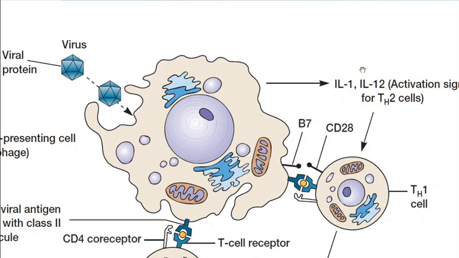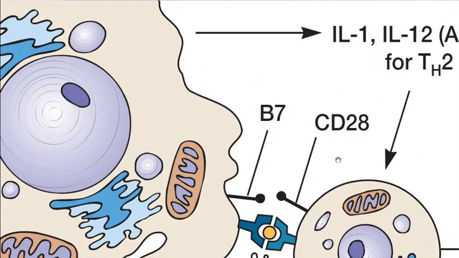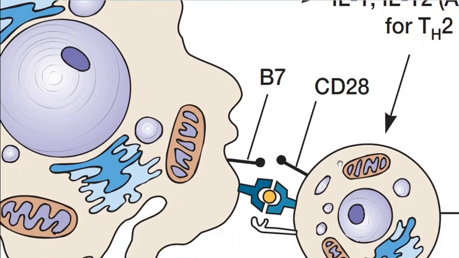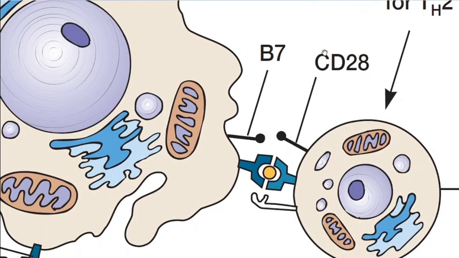The second signal is the CD28 receptor that is present on the surface of the Th1 cell. CD28, this one is CD28. The CD28 receptor is present on the surface of the Th1 cell, and B7, also called CD80, is present on the surface of the APC cell.